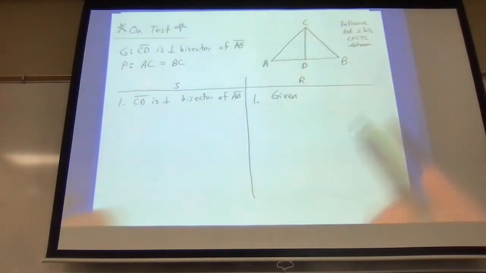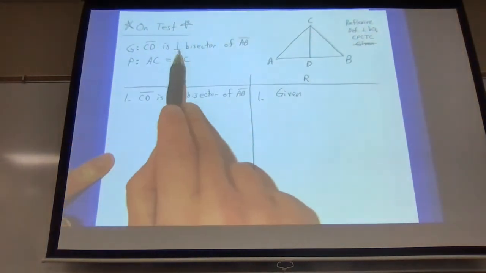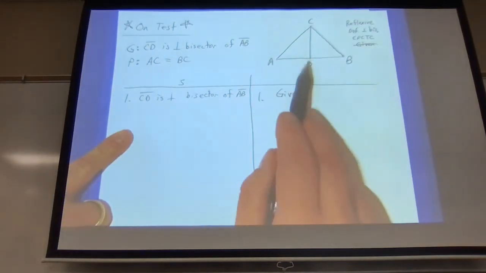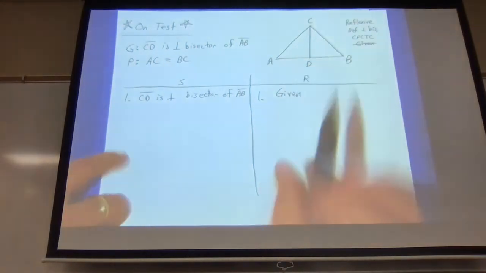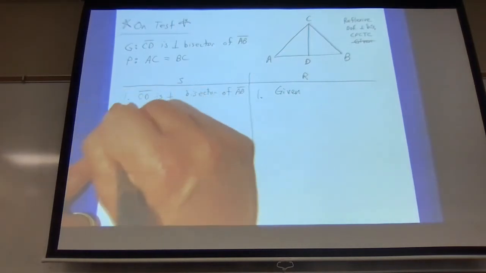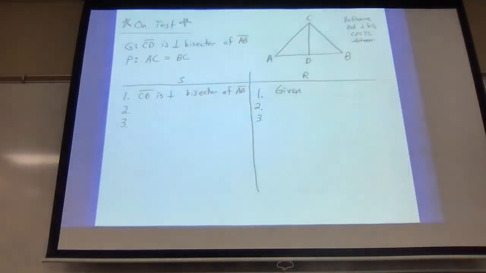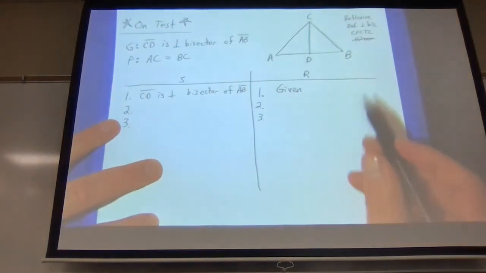A perpendicular bisector we know is going to do 2 things. What's the perpendicular part going to do? It's going to make right angles. How many right angles are we going to get here? 2. So we're actually going to make this be 2 steps. Although you could potentially make it just 1 step. But on the homework assignment you're going to do today, we've got it listed as 2 steps. So we're going to show we have 2 right angles.